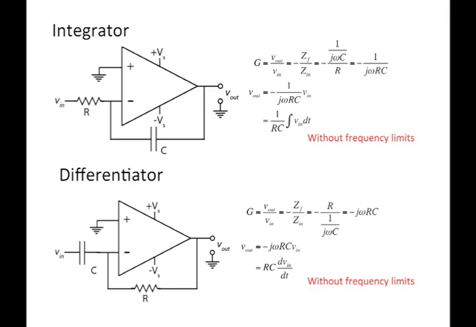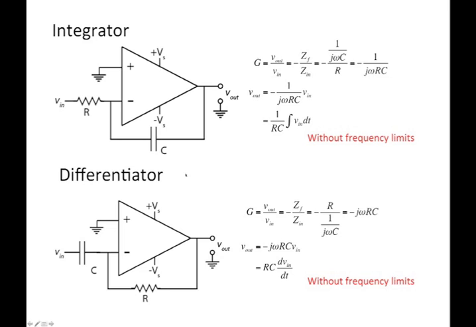In this case, we're dividing by the constant j omega, and so V in over RC j omega is just the integral of the input voltage. So there's no frequency limits. It just works, right? So this is better than using the low pass filter at high frequency.